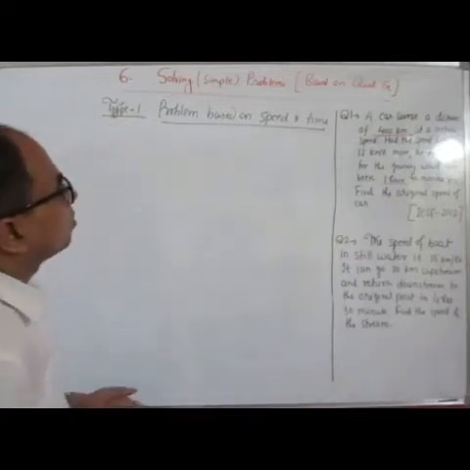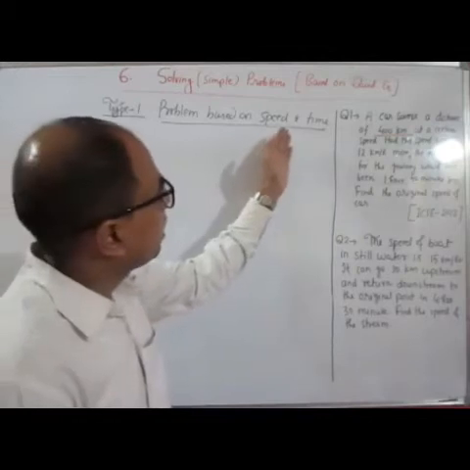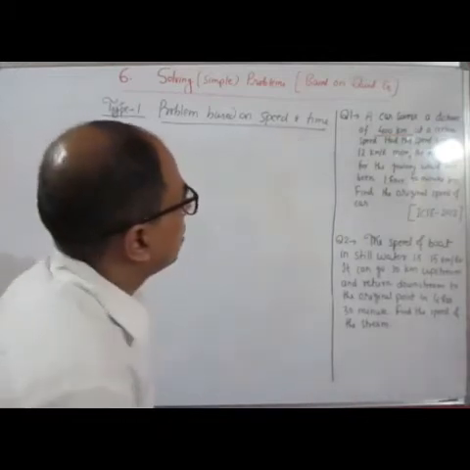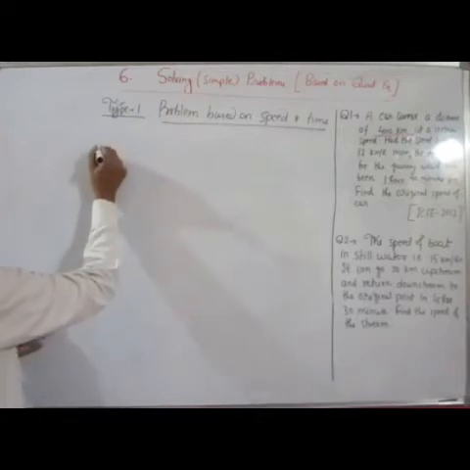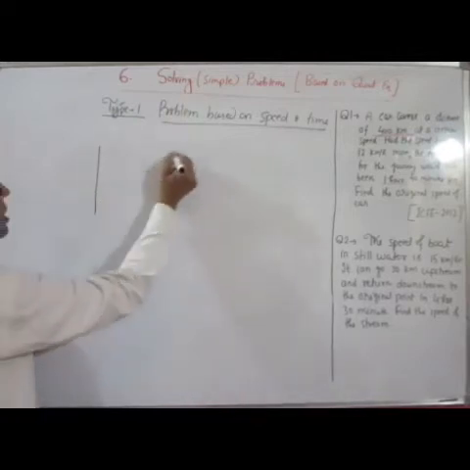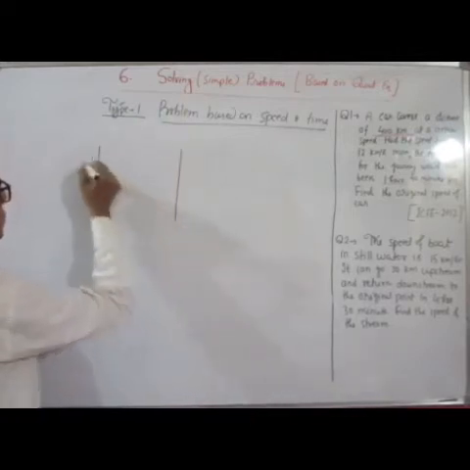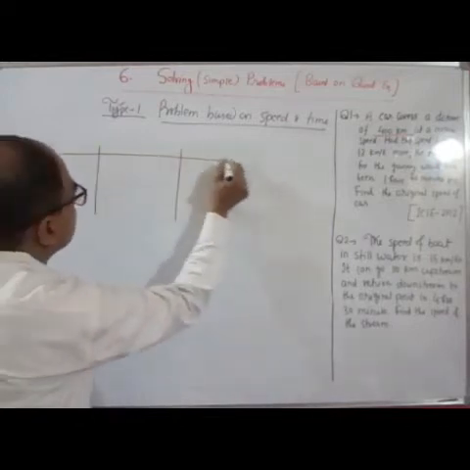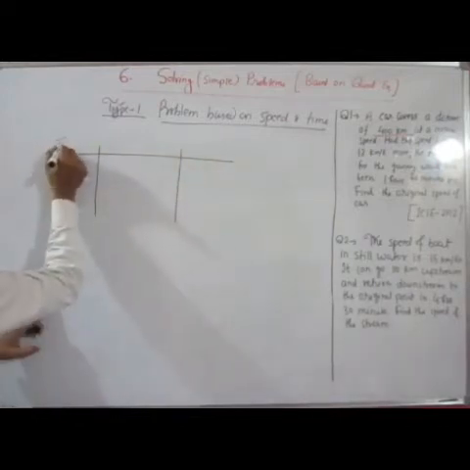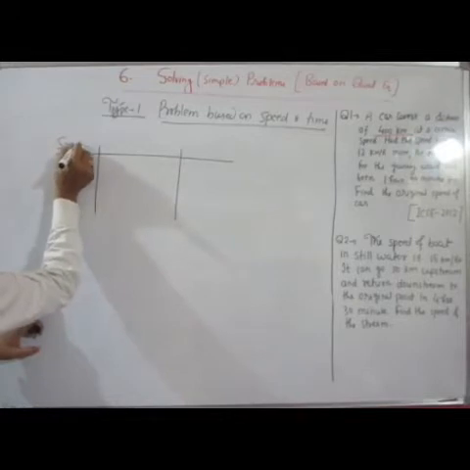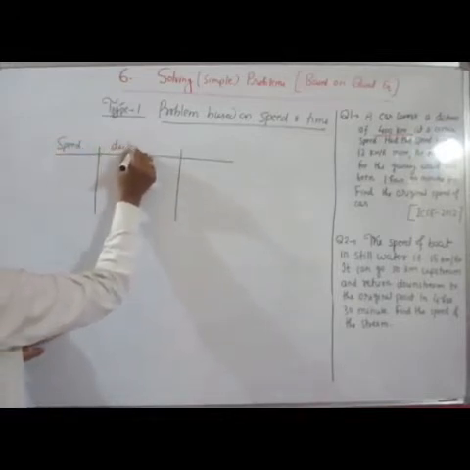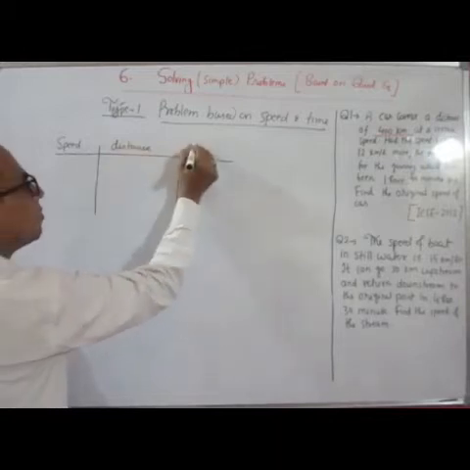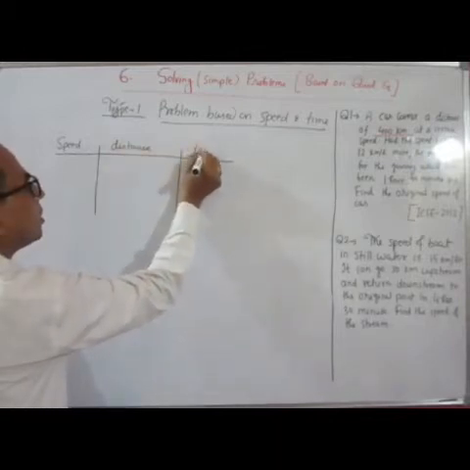So to solve questions based on speed and time, use this technique. It will be easy for you. Make 3 columns. In one column write speed, in the second column write distance, and in the third column write time.